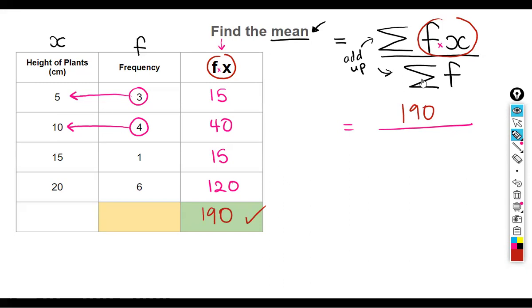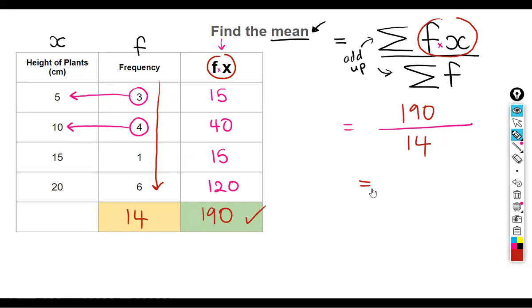And what goes underneath? Sigma f. Plain old boring f. Isn't this the f column here? Add up everybody in the f column. Add up the frequency. 3 plus 4 plus 1 plus 6. Anybody got 14? Divide it and you finish. That is it.